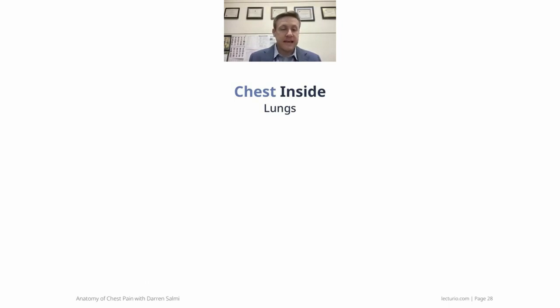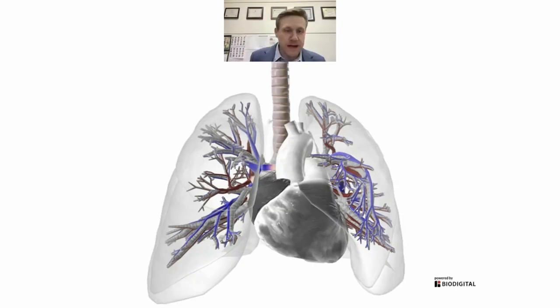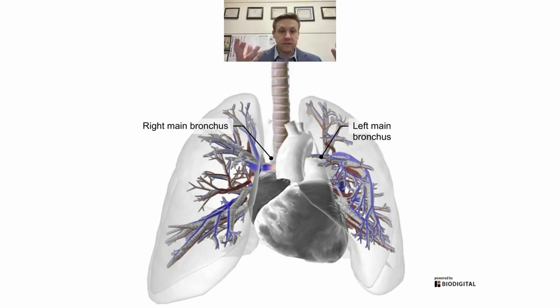What about the lungs themselves, right? So let's sort of do a little X-ray vision through the lungs to see what's going on inside, at least to the point we can still see grossly or with the naked eye. A lot of the real important structures like alveoli are going to be microscopic. So here we see the trachea coming down and splitting into left and right main bronchus. And they're going in and delivering air in and air out, right?